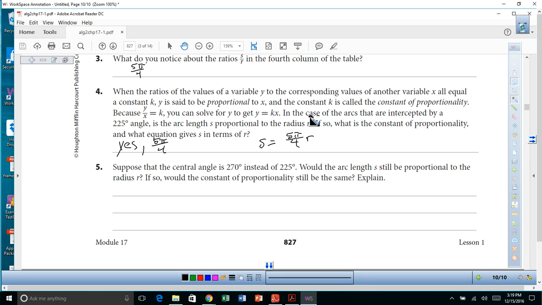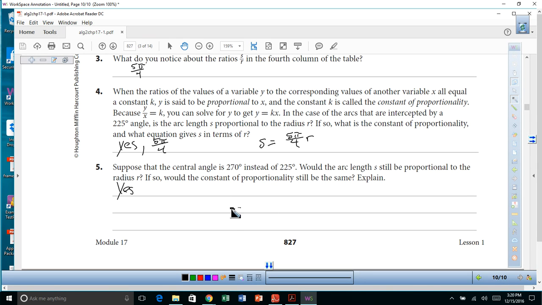Suppose that the central angle is 270 degrees instead of 225. Would the arc length S still be proportional to the radius R? Yes, it would. If so, would the constant of proportionality still be the same?